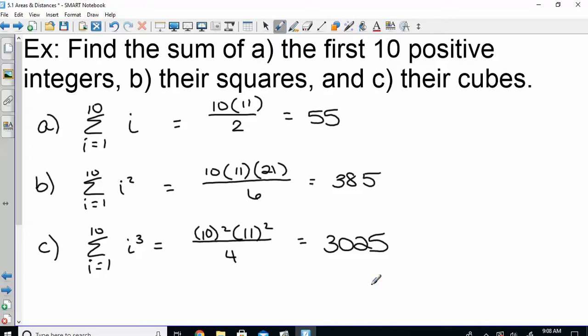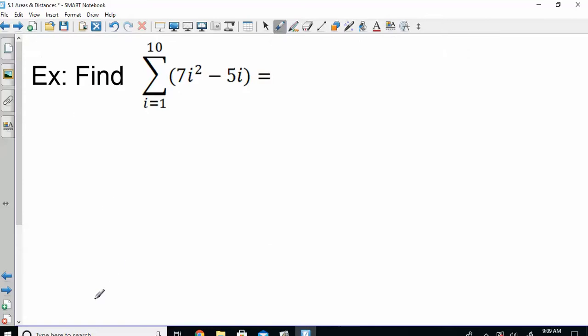Now we're going to use a combination of these formulas and the rules we wrote down to add up some polynomial functions. So I want the sum from 1 to 10 of 7i squared minus 5i. This is where it starts to get annoying if you're trying to do it by hand. If you have to do 7 times 1 squared minus 5 times 1 plus 7 times 2 squared minus 5 times 2, it's a lot of button pushing on the calculator.